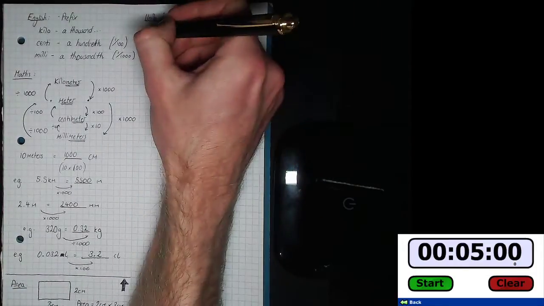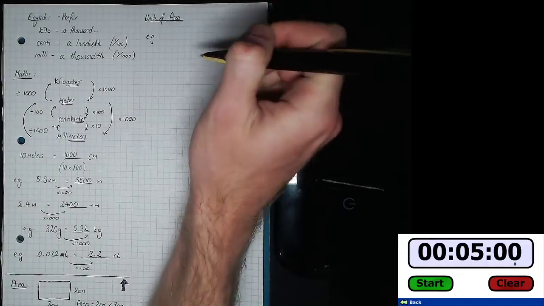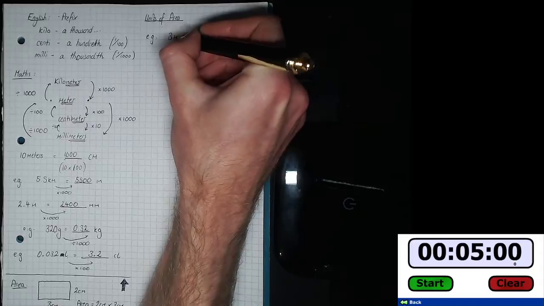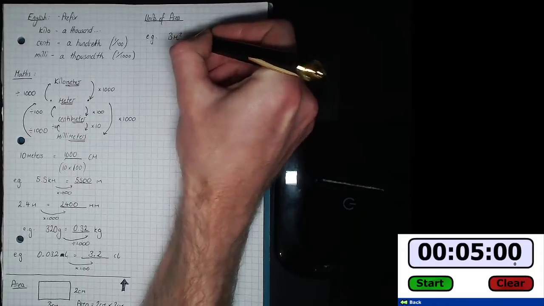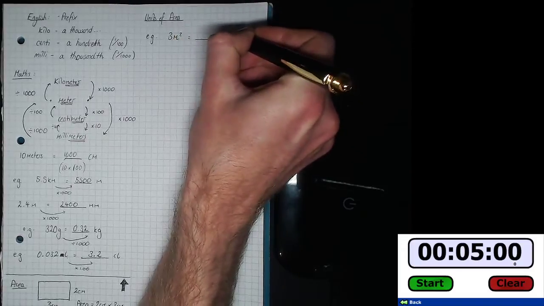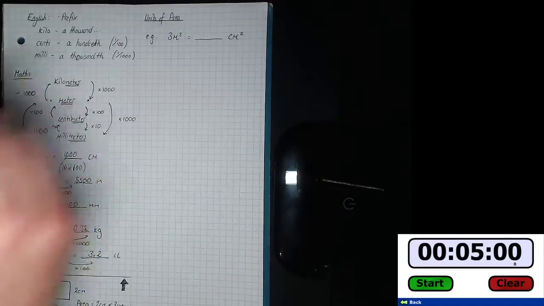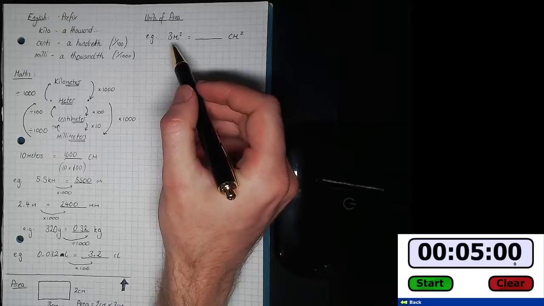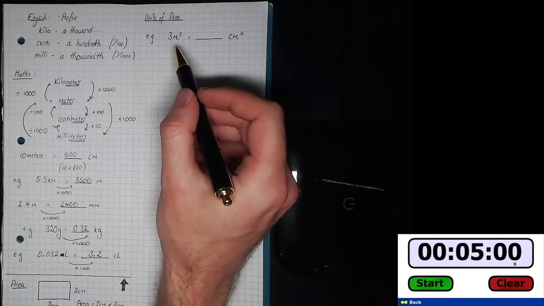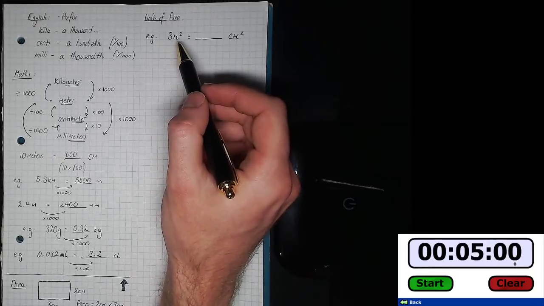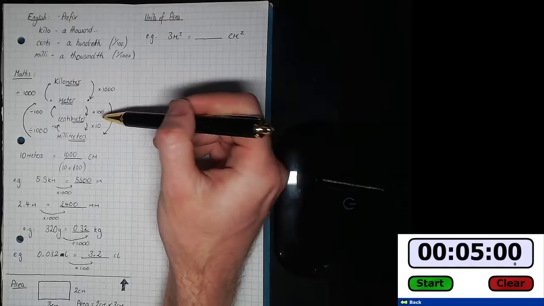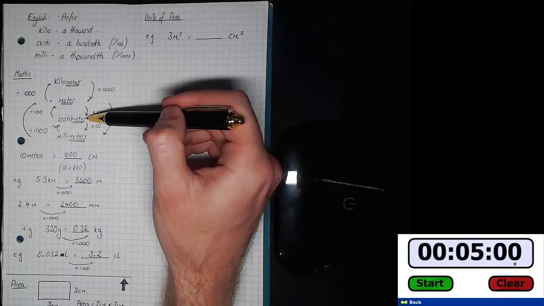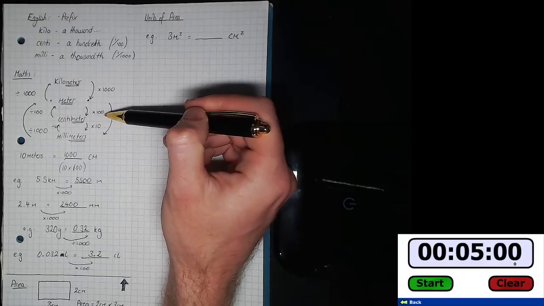So let's have a couple of quick examples. Let's say that we have 3 meters squared, and I want to convert it into so many centimeters squared. First of all, we need to know what the conversion is for our just normal meters, and why it's especially important to know these. Meters going into centimeters, we would times by 100.